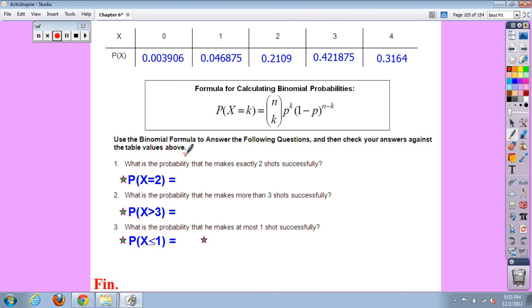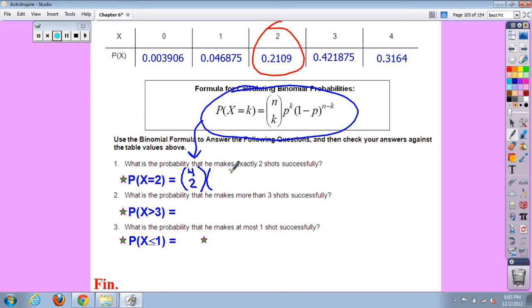It says, what is the probability that he makes exactly 2 shots? Well, that's that value there. But the amount of work you're going to have to show to get full credit is this. So makes exactly 2 shots. Now I'm going to incorporate this formula down here. First I'm going to start off with my combinations. I have 4 shots and I want to make 2, so 4 combination 2.